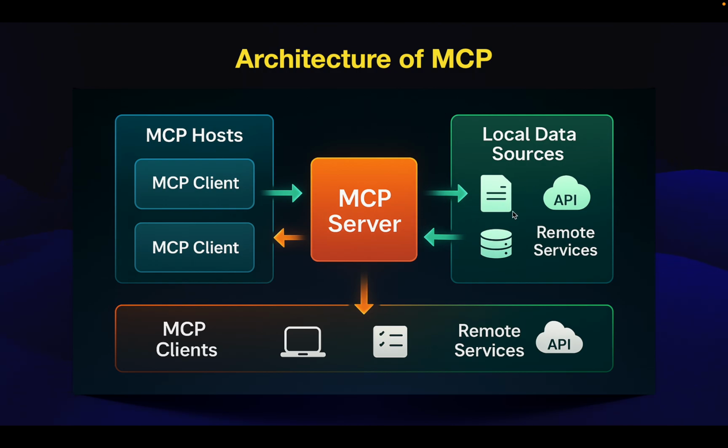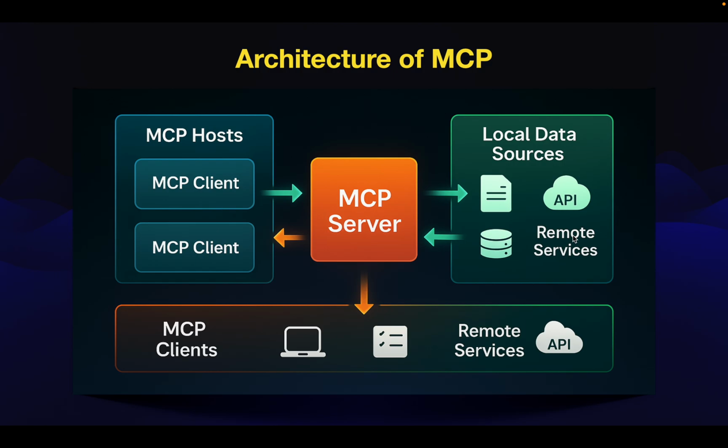Correct? Next we have local data sources and remote services. What exactly does that mean? On the right side, a local data source could be files, data, databases or internal APIs.